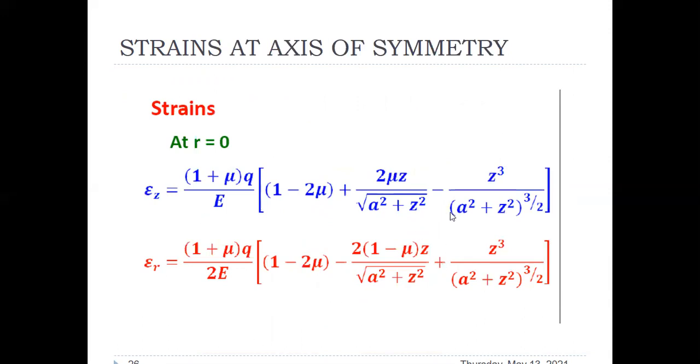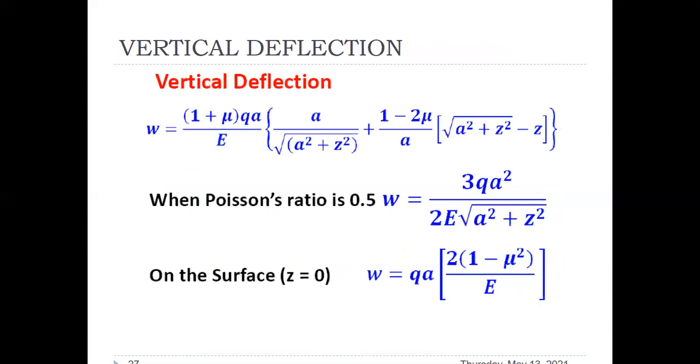A is the contact pressure, Z is the depth, mu is the Poisson ratio. And to calculate vertical deflection, you will use this equation. And if you put Poisson ratio as 0.5, this whole Tesla equation will reduce to this equation 3q times a square over 2E times a square plus z square, where q is the tire pressure, a is the contact radius.